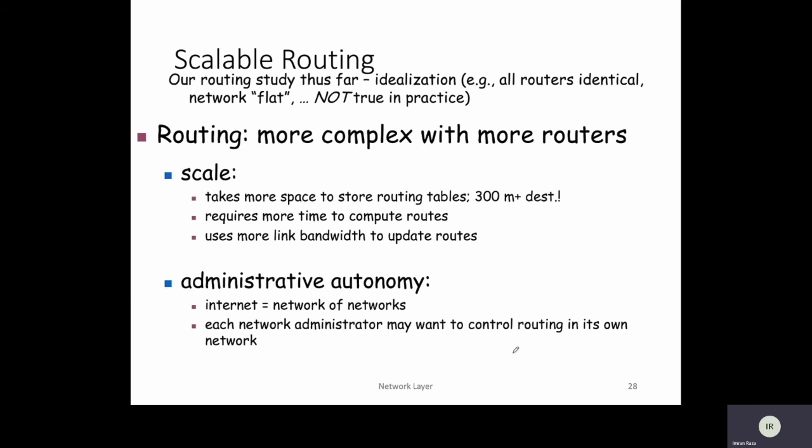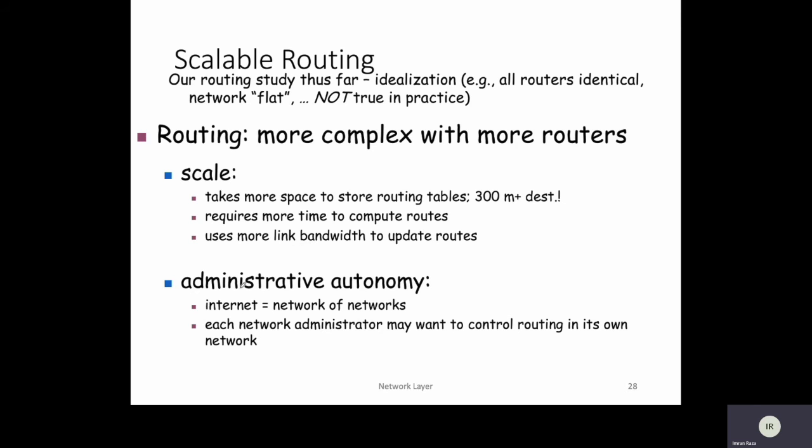Routing is more complex with more routers and more destinations, say millions of destinations. So 300 million plus destinations are there in the world. So we need a routing table that is scalable. If I do not use a scalable router, this means it will take more time to compute routes, and I have to use more link bandwidth for the routing updates.